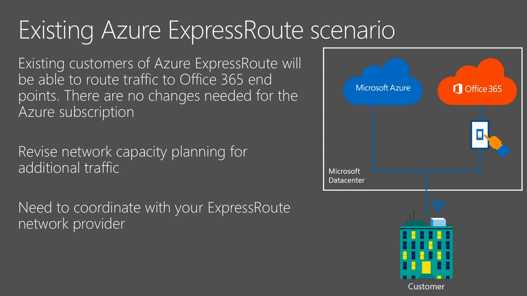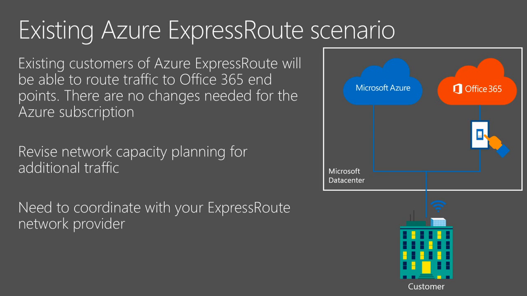So the good news is you really don't have to do anything to add Office 365 services once these telcos are onboarded to the updated spec and once they've updated their configuration. So you're going to need to coordinate with your network provider to make sure that you know when they're doing that and if they have any different requirements that you might need to adhere to. But from Microsoft's point of view, we have data centers where both Azure and Office 365 are in.